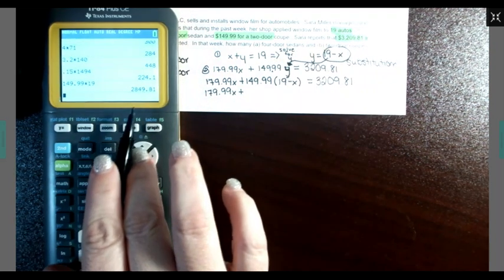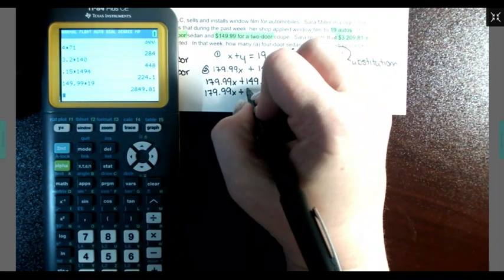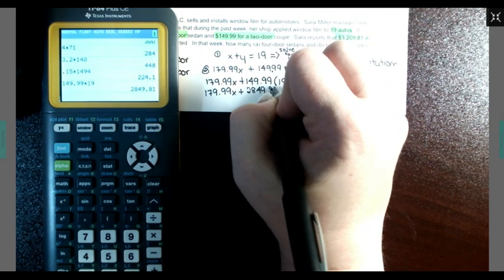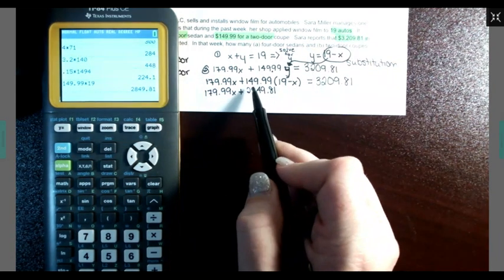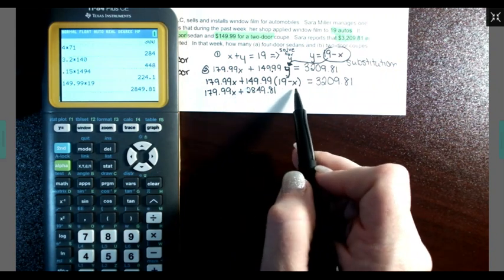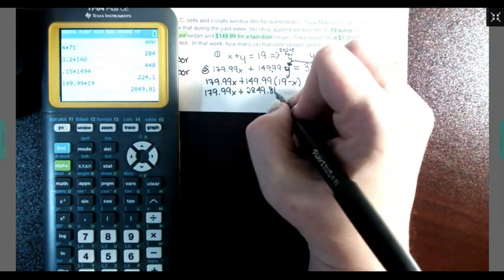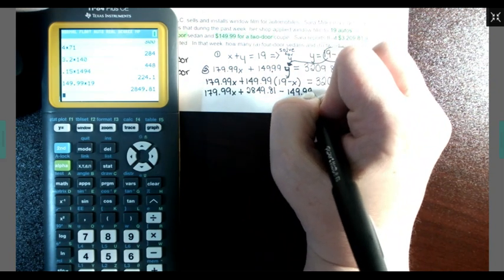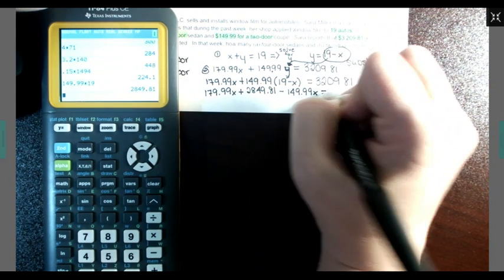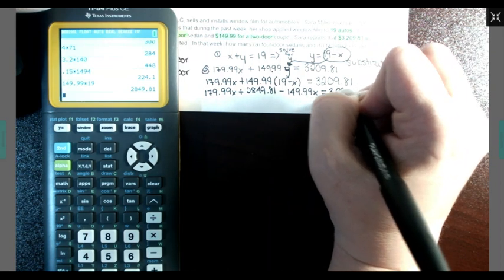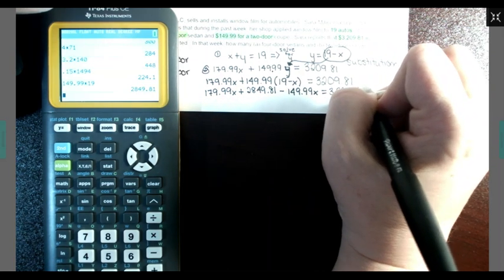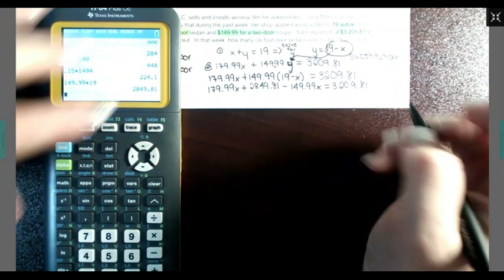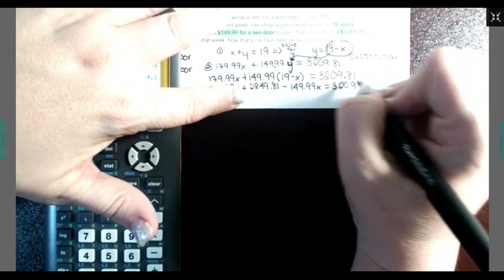I'm going to add this $2,849.81. Now, $149.99 times a negative x is going to be minus $149.99x. And this all equals $3,209.81. Well, we're getting somewhere, I think. Hopefully. We'll see.